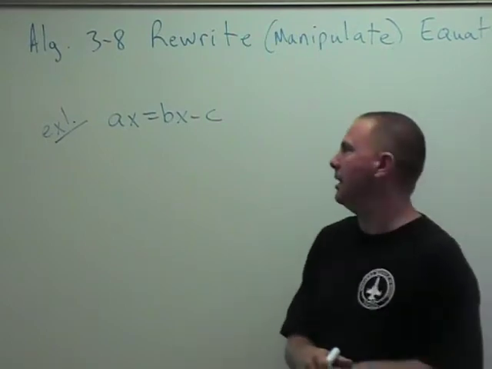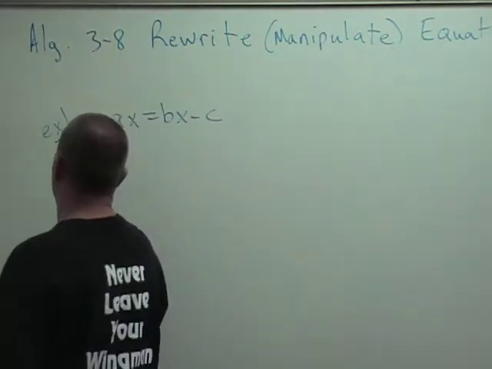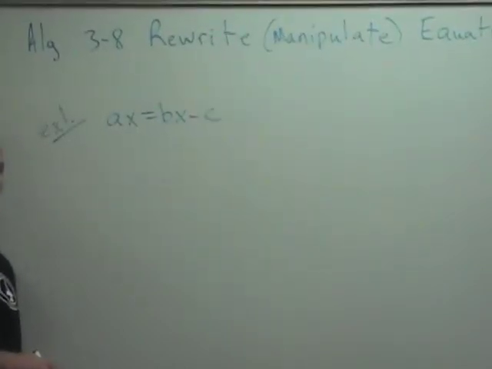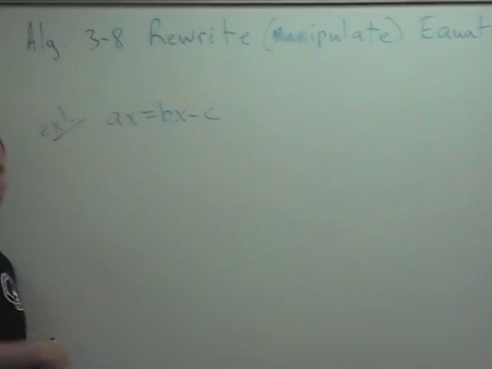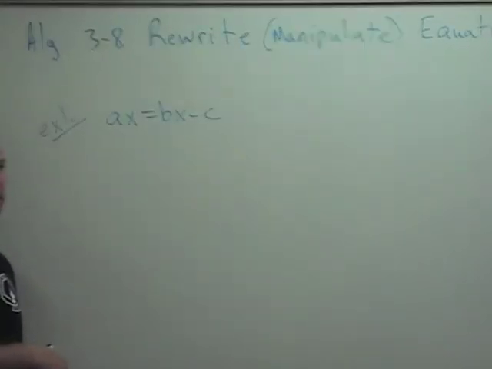You want to identify the term that has the variable in it you're solving for. In this case, we have 2 terms, the AX and the BX. You want to circle that term, solve for it, get rid of everything else, move other terms across the equal sign. But before we can circle the term we want, we need to get these 2 together.